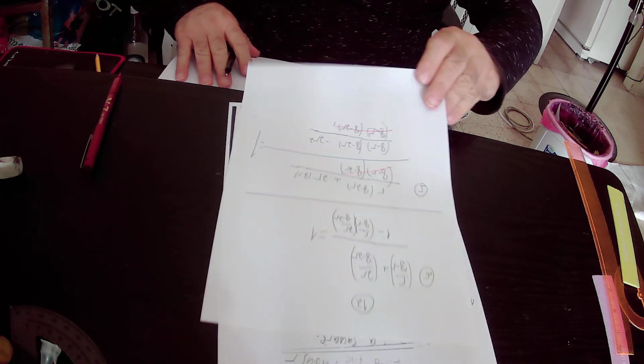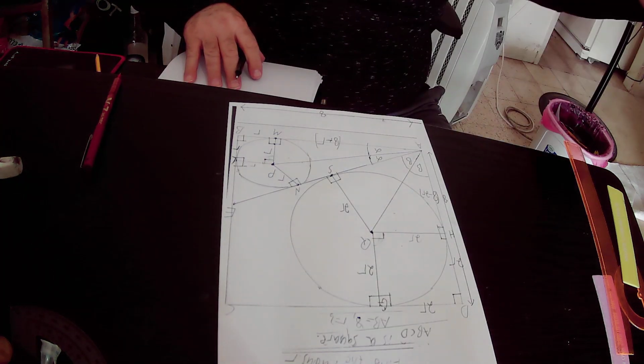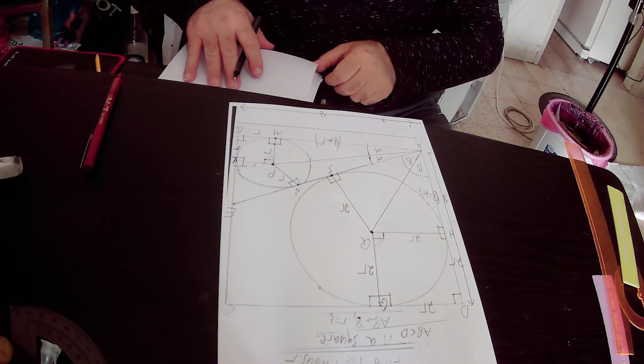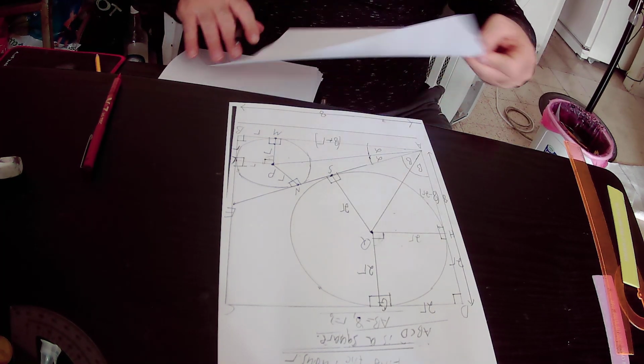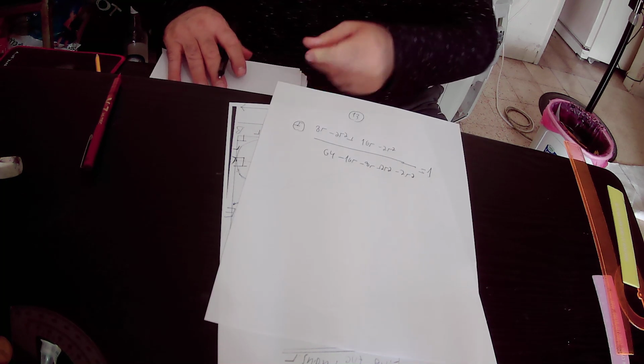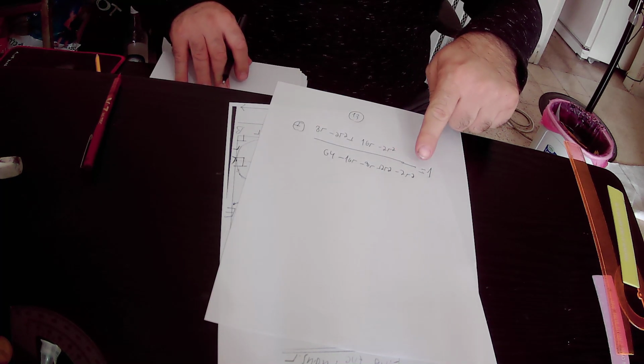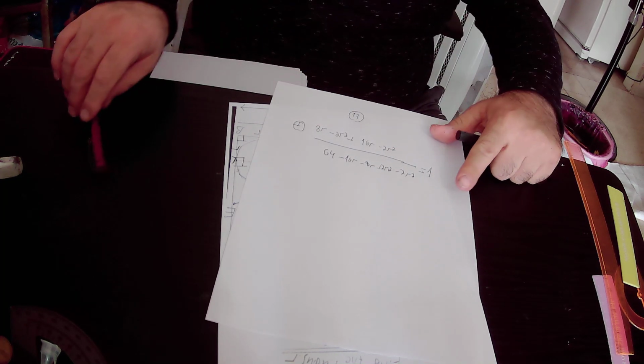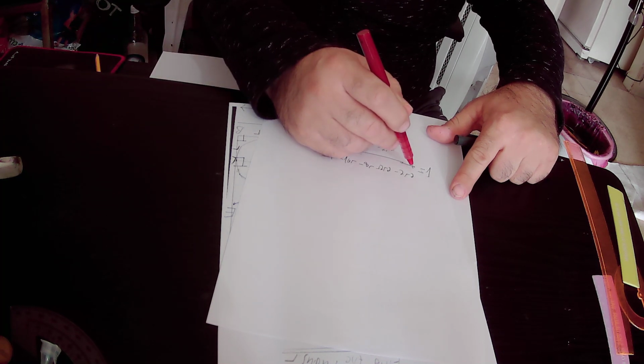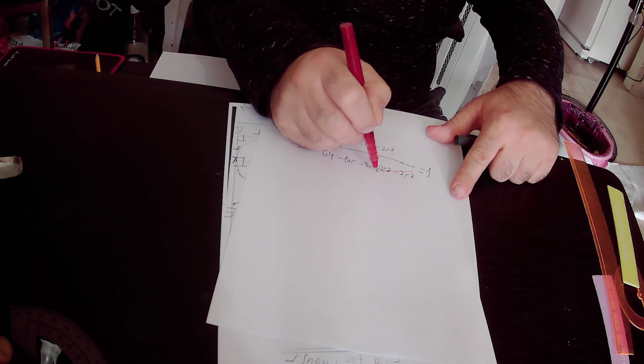So we actually opened the brackets here and we got this expression. Here we have 2r squared minus 2r squared is 0, so those two expressions are equal to 0, so they will cancel.